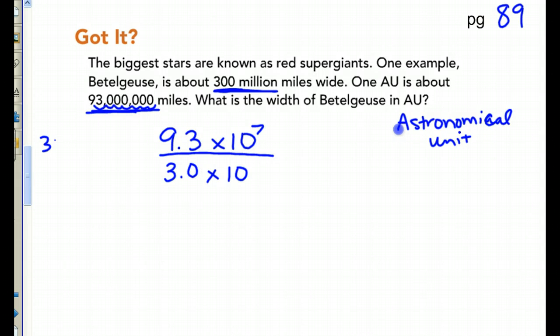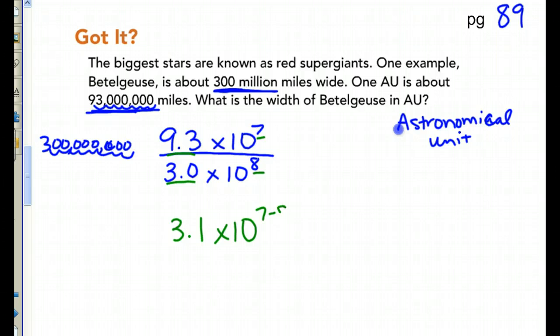If we write 300 million, that's 3.0 times 10 to the 1, 2, 3, 4, 5, 6, 7, 8th power. So now we divide our two coefficients, our two front numbers, and then subtract our exponents. So 9.3 divided by 3.0 gives me 3.1, times 10 to the 7 minus 8.